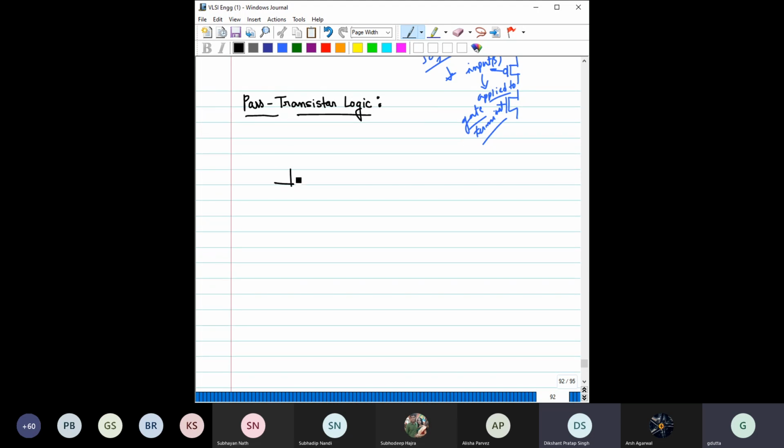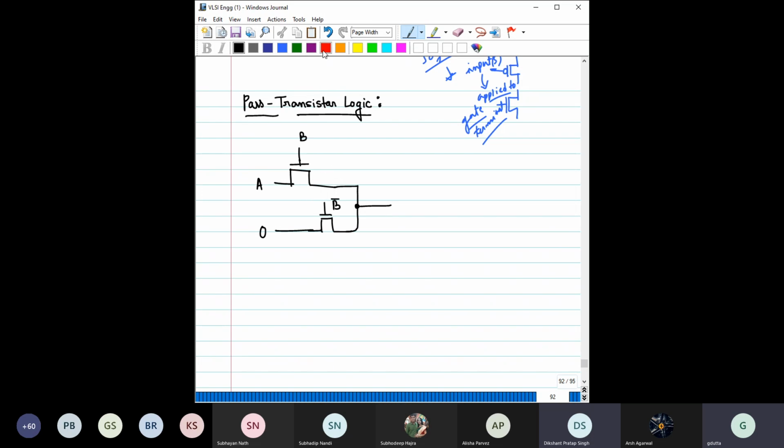Say we consider a circuit like this, both are NMOS only. Here we have given A, here we have given 0, here we have given B, and here we have applied B bar. Now let's see what this circuit is doing.